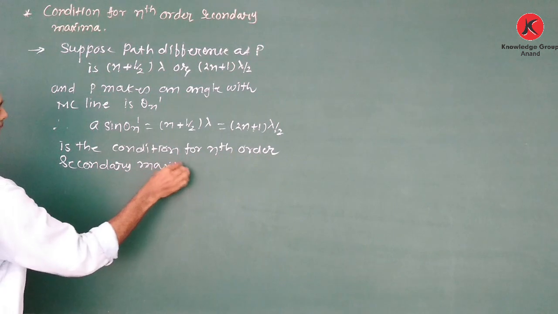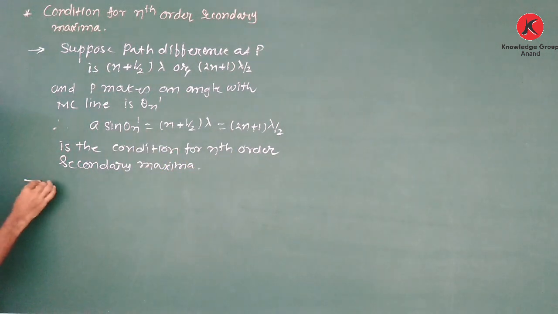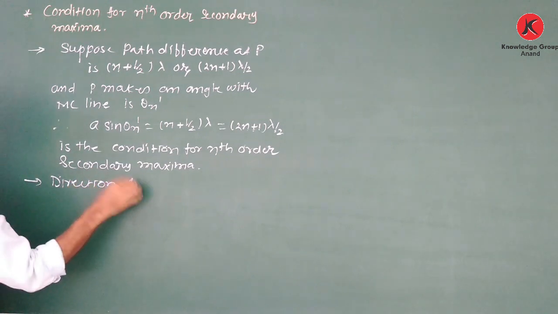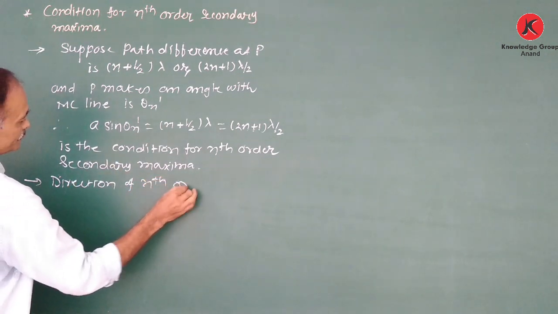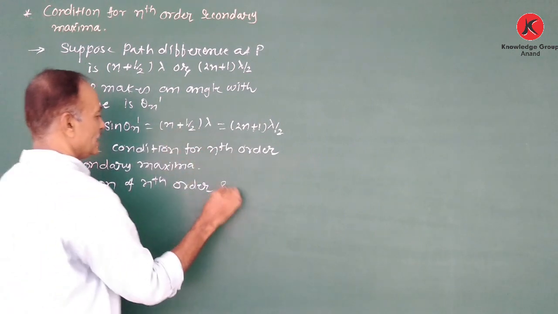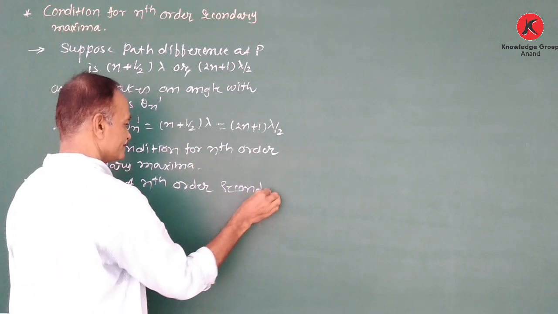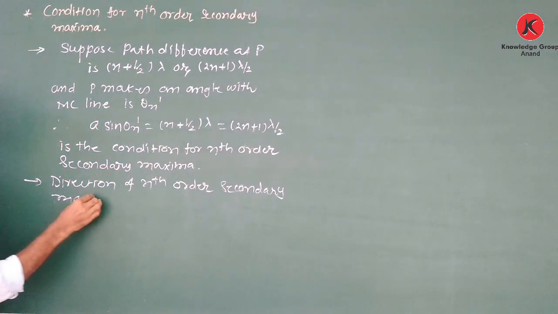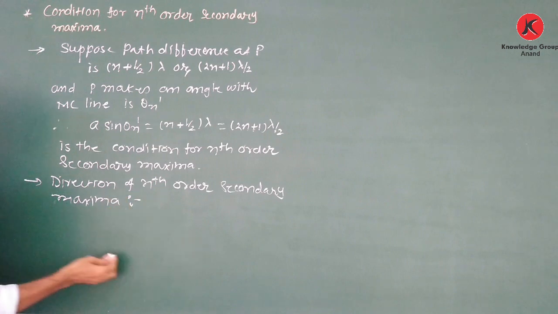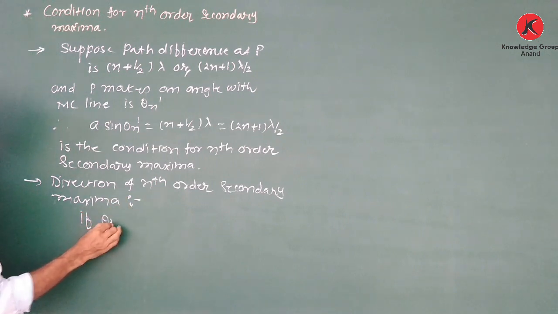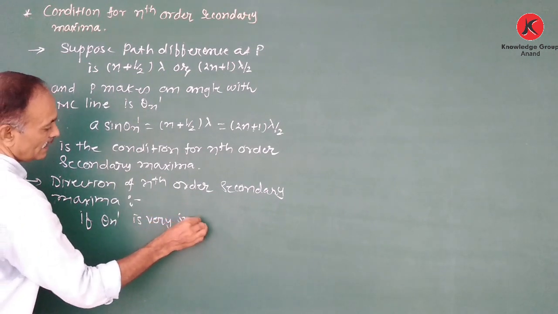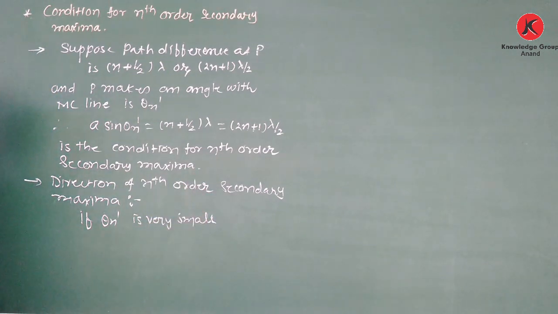Now the direction of nth order secondary maxima. For that purpose, if theta n dash is very small, we consider the angle made by the point P with the MC line is very small.